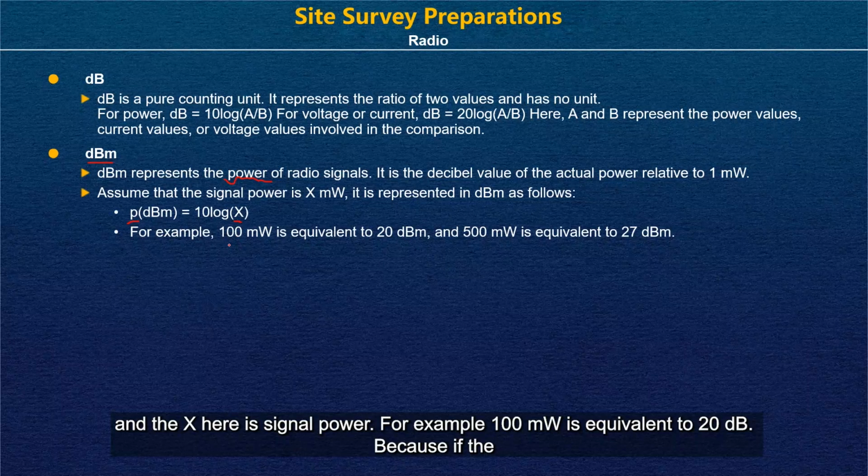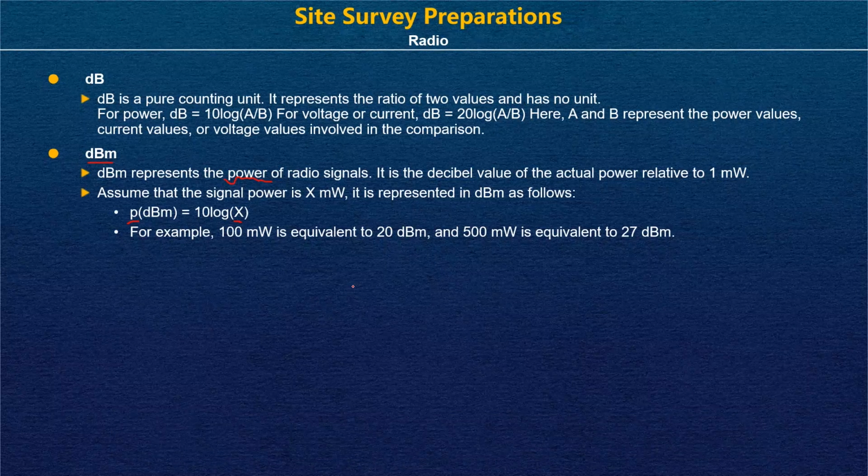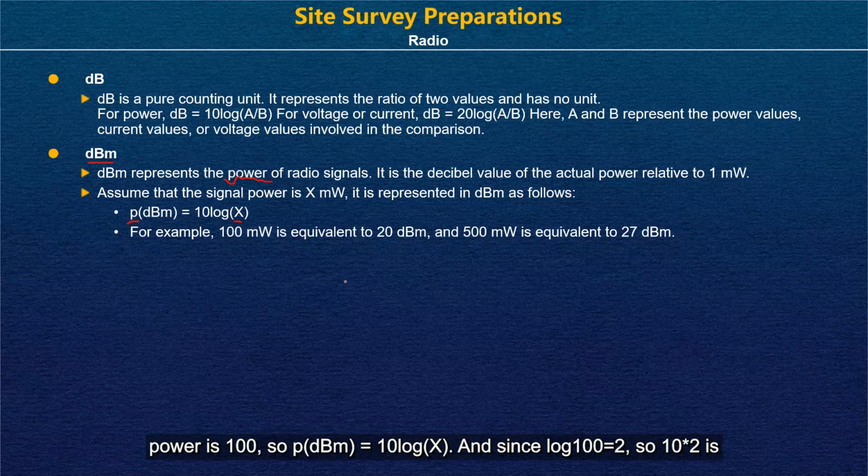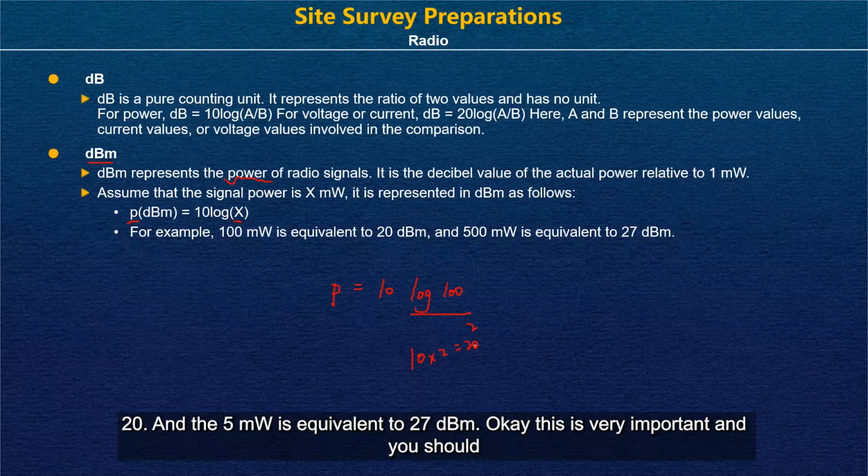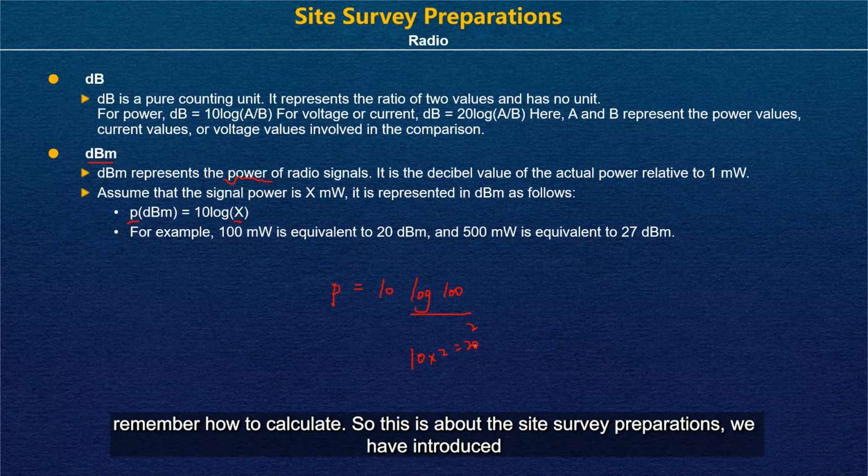For example, 100 milliwatts is equivalent to 20 dBm, because if the power is 100, P equals 10 log 100, and since log 100 equals 2, 10 times 2 is 20. And 5 milliwatts is equivalent to 7 dBm. This is very important, and you should remember how to calculate.